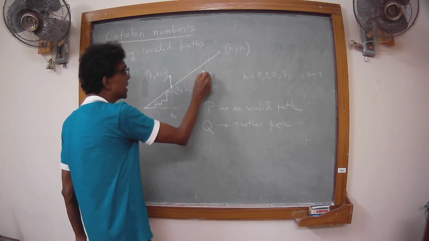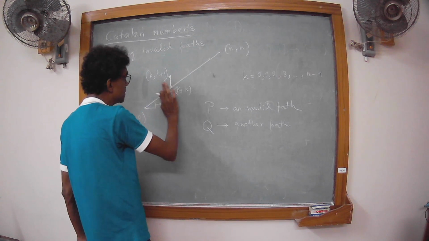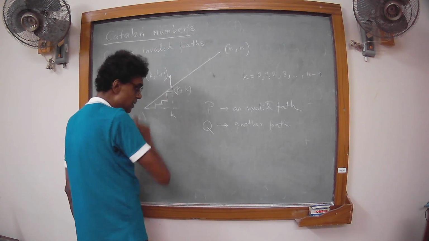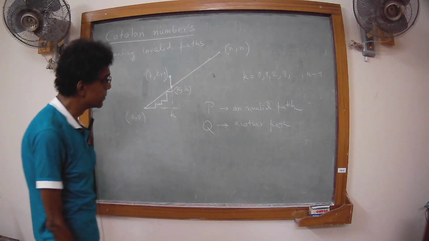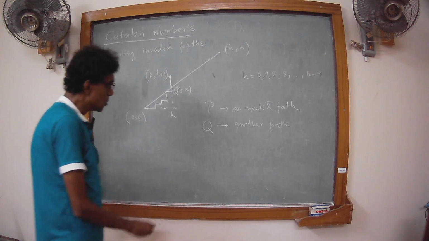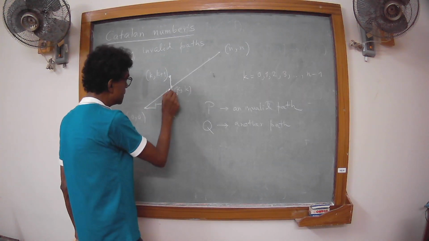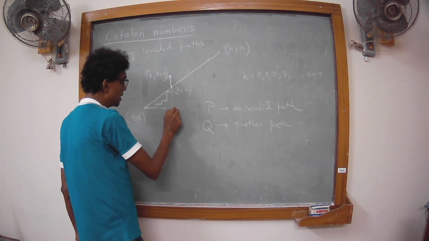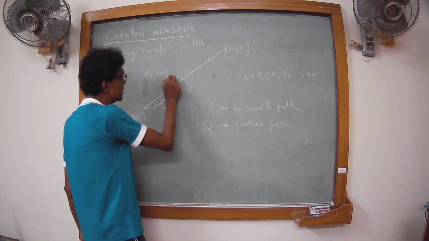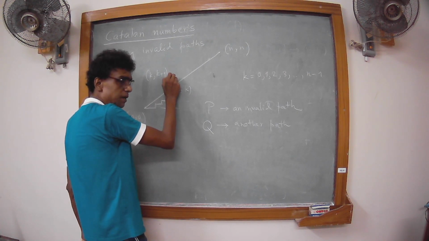It may be manifested again later, but this is the first one. So how many movements are here? 2K, K right and K up. Then you have another movement.